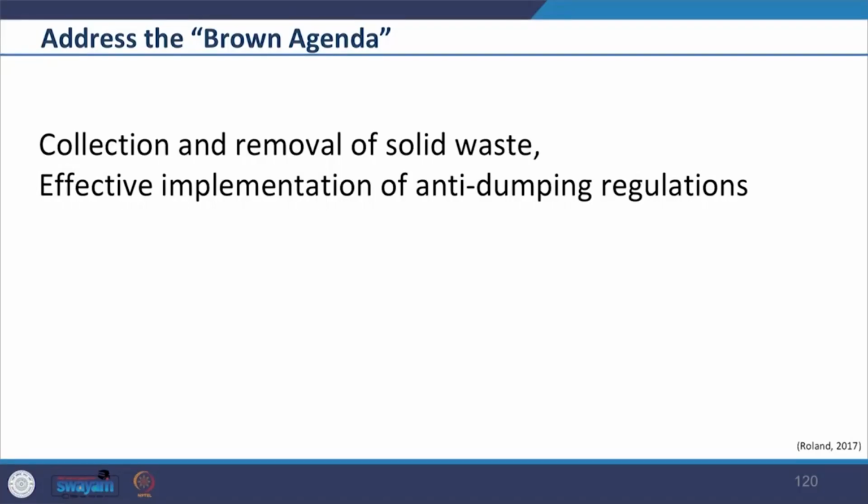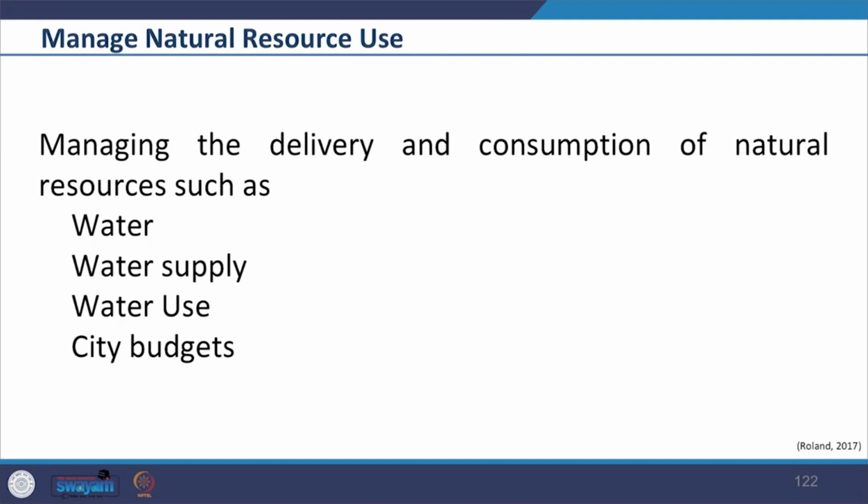They also need to address the brown agendas like collection and removal of solid waste and the effective implementation of anti-dumping regulations. They also need to work on managing natural resource use, how they are consumed.